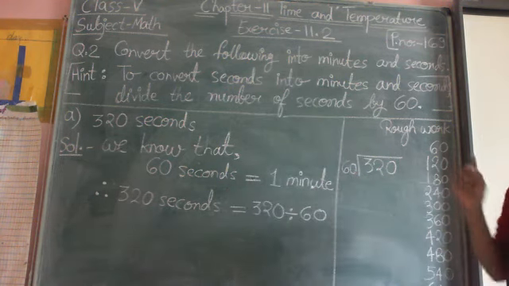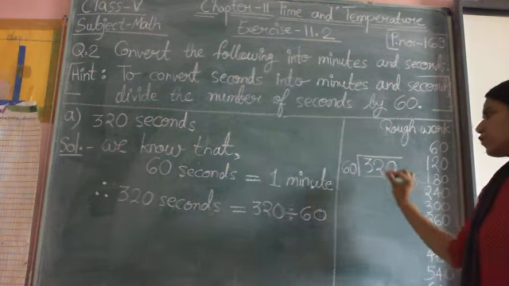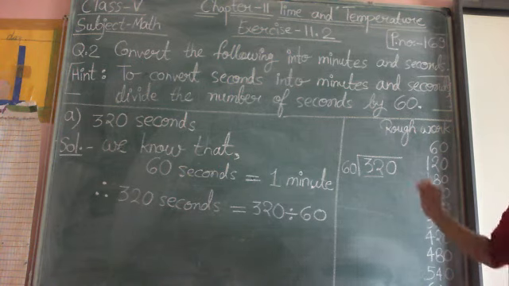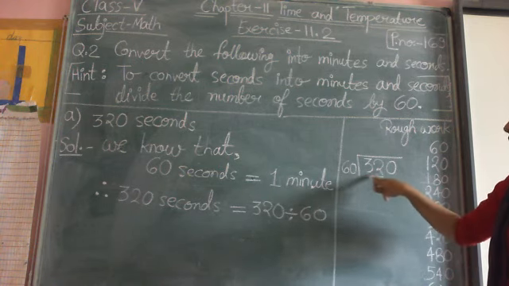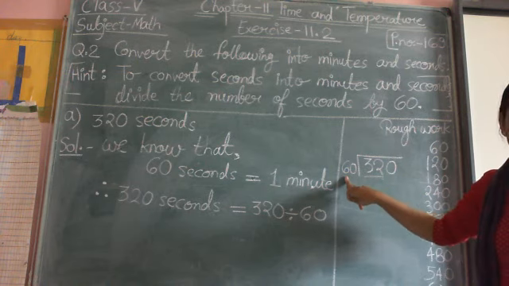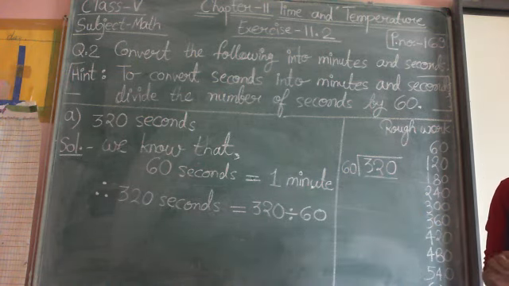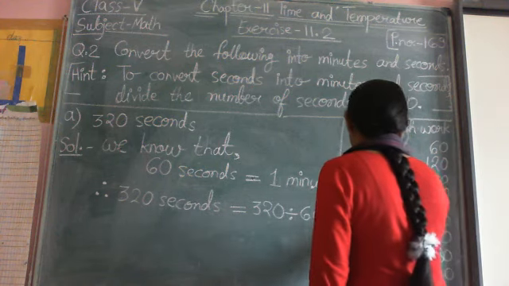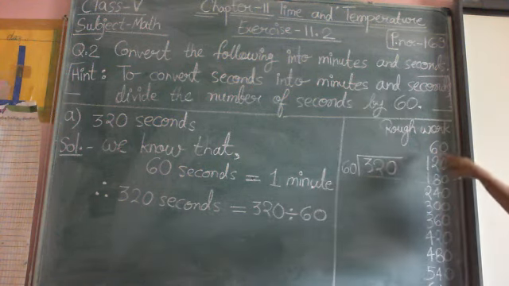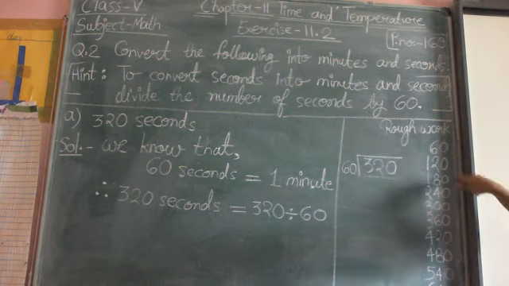As our divisor is of 2 digits, we will take the first 2 digits of the number. But here the first 2 digits of the dividend are smaller than the divisor. So now we will take all 3 digits of the number to divide. Does 320 come in the table of 60? No. But is there any number smaller than 320 that comes in the table of 60?